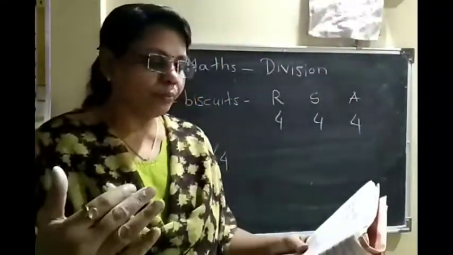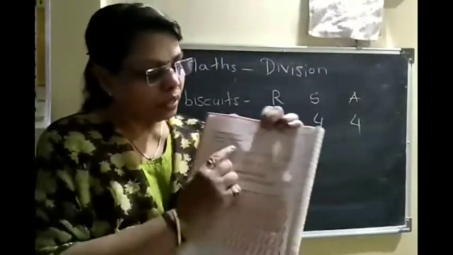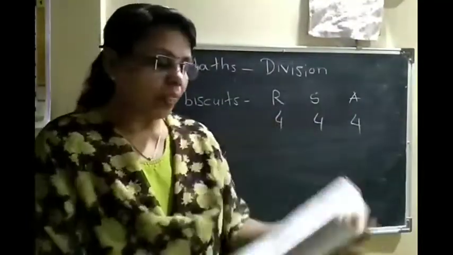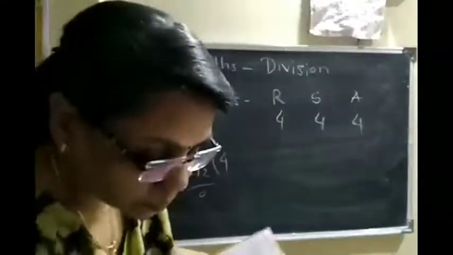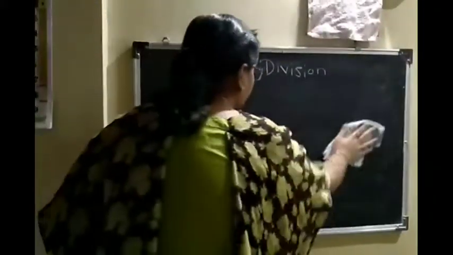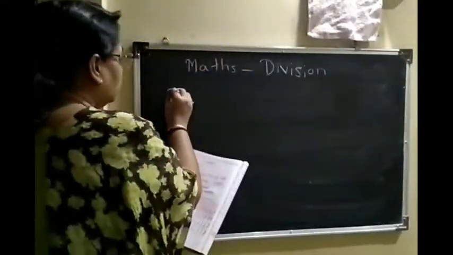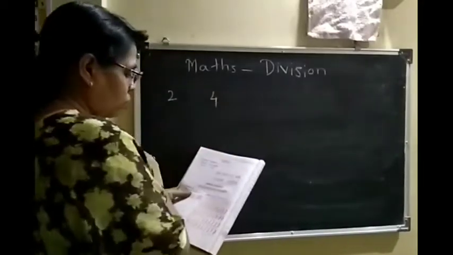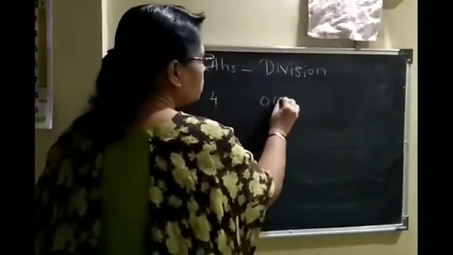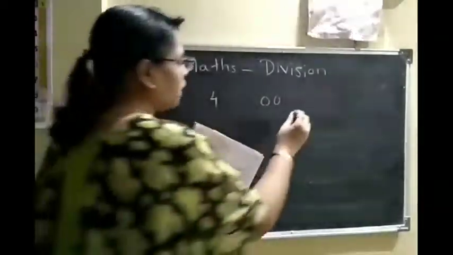In the first picture, there are 2 mangoes in each lot. Just suppose these are the mangoes. My drawing is not that good.